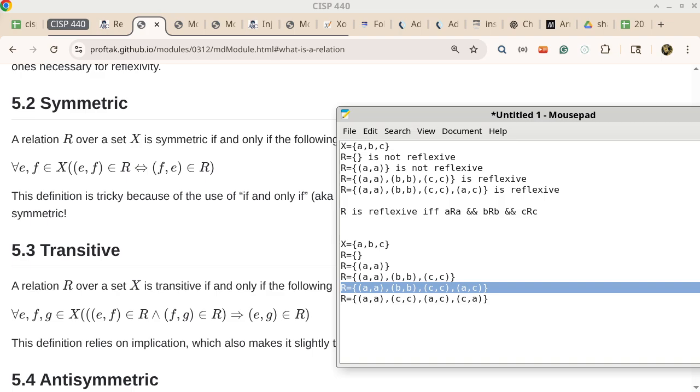Not for AC, for this entire R, can we make this expression false? Is there a way to choose E, F, G being elements of X such that EF is in R and FG is in R implies EG is in R, to make that implication false?